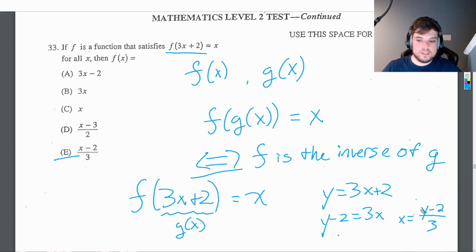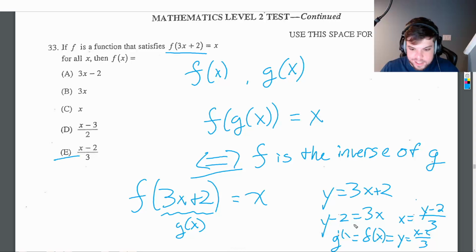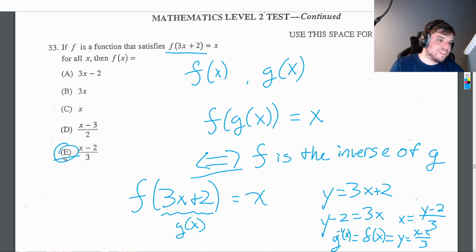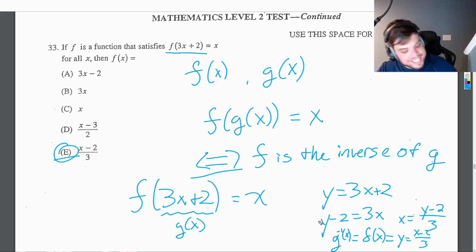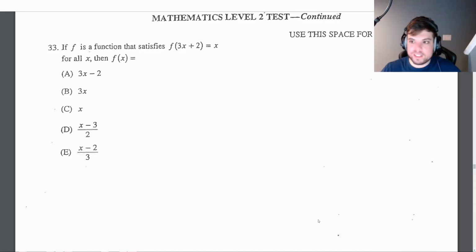If we swap these variables, we have y equals x minus 2 over 3, and this y is now f of x, which we also know is g inverse of x. G prime would be the derivative, not that. That's kind of cool. That is being efficient with your problem solving.